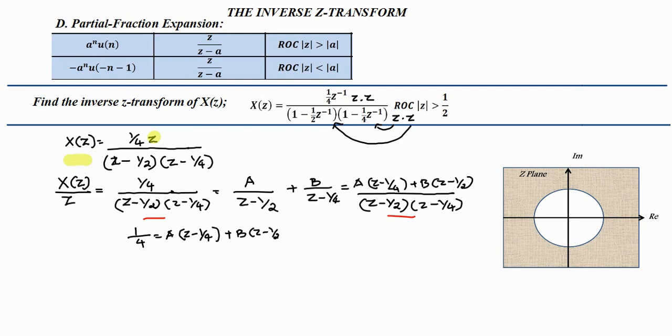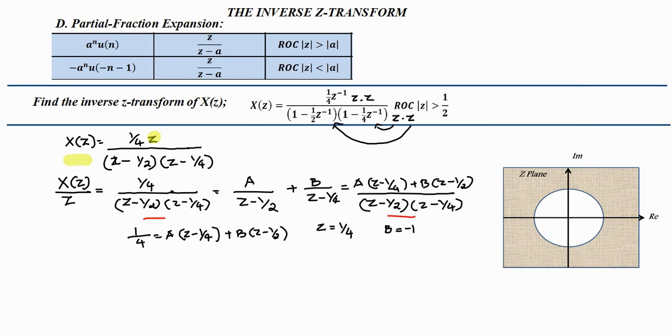When you substitute z is equal to 1 by 4, the first term becomes 0, and the remaining is 1 by 4 equal to B into 1 by 4 minus 1 by 2. From this you can write B is equal to minus 1.